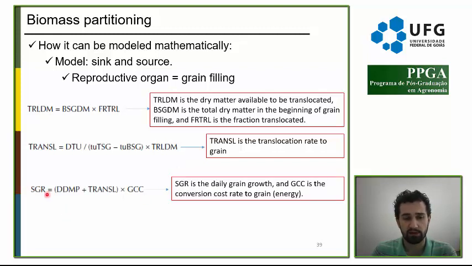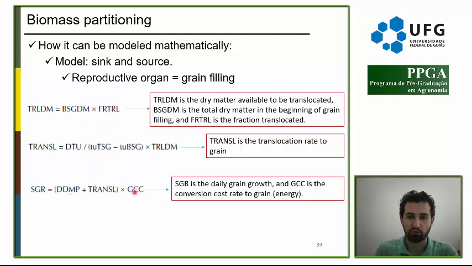The next step is the daily grain growth, which is defined by how much biomass is produced per day under the actual condition, plus the translocation defined here from how much biomass I have in the other parts times the fraction that can be translocated.